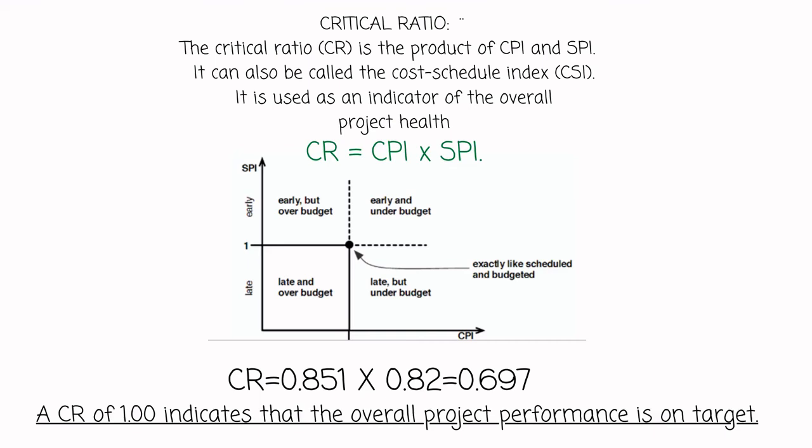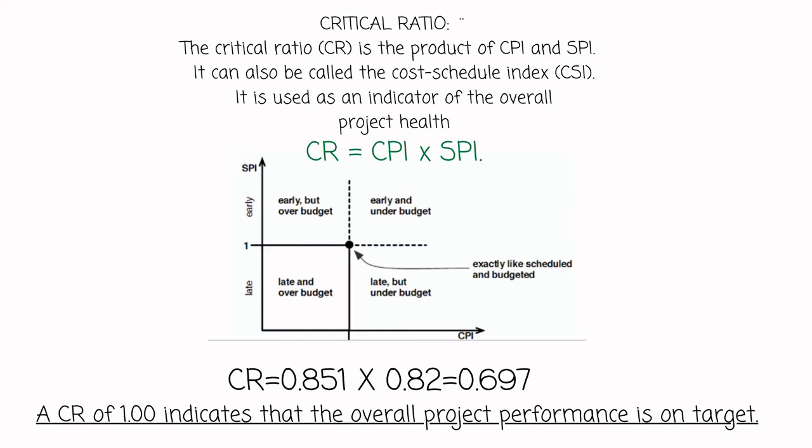Till this instance of time, we have seen that we can track the project in terms of the cost, whether it is over budget, under budget, or on the right path, whether the project is on schedule or delayed. We can always use an indicator to track the overall project health, which is a product of the CPI and the SPI. In the previous example, we had the value of CPI obtained as 0.851 and the SPI as 0.82, which gave an overall critical ratio of 0.697.